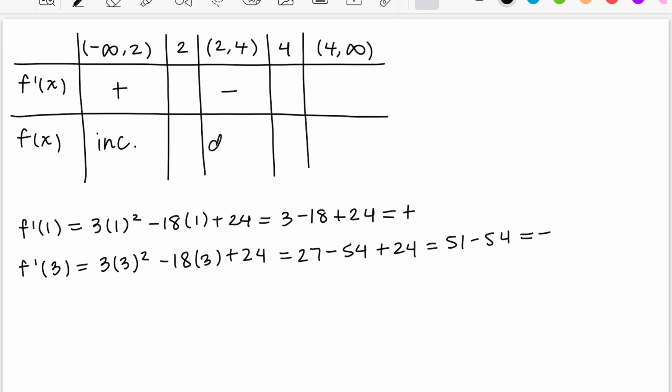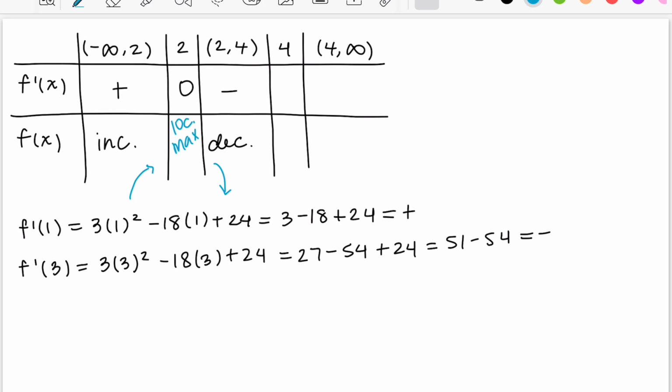All right, so this tells us our function's decreasing. And we know that f prime of x is equal to 0 when we plug in 2. And since our function goes from increasing to decreasing, this means that a local maximum occurs at this point, right? Our function is going from increasing to decreasing.